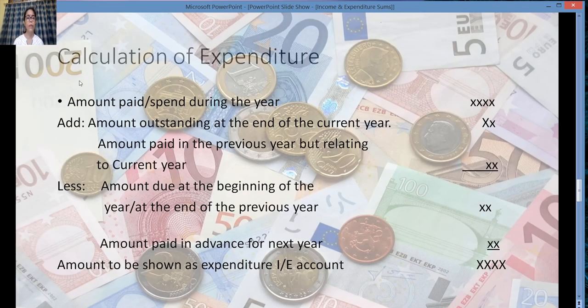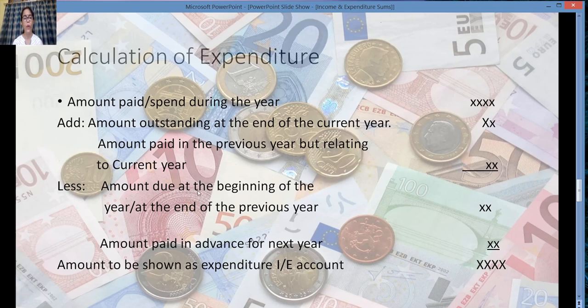The same logic applies here. The amount spent during the year is taken first, and then adjustments have to be done. What are the adjustments? We add any amount of expense that is left outstanding at the end of the current year. The amount spent in the previous year but relating to the current financial year has to be added. And what has to be deducted?